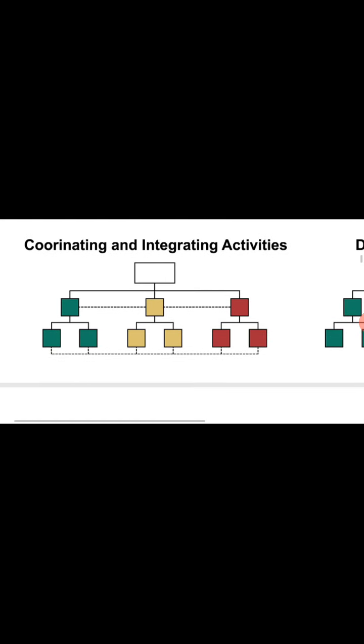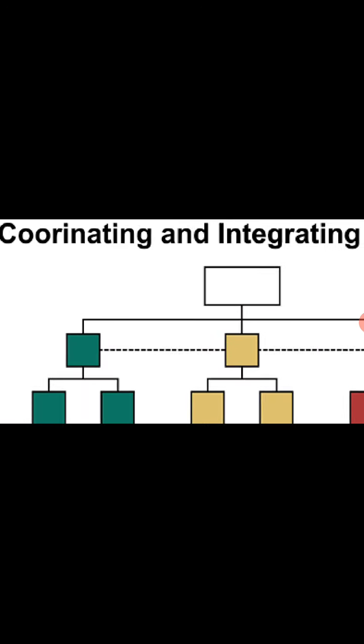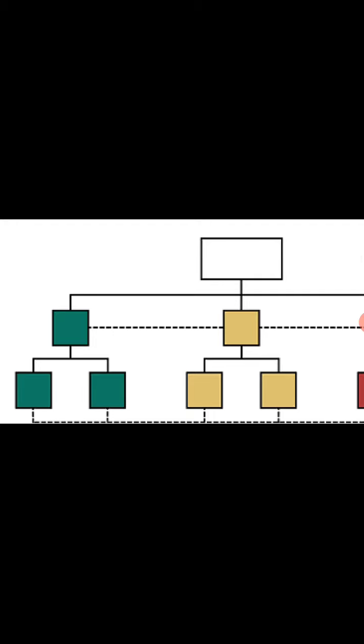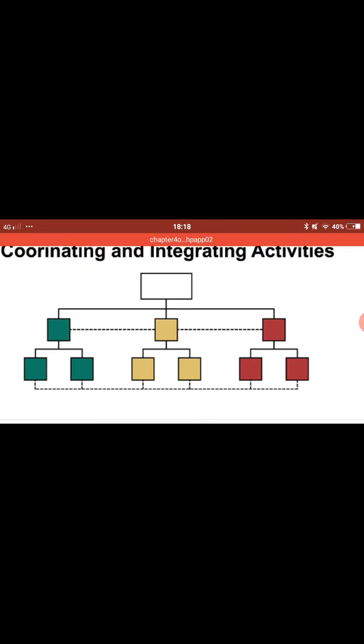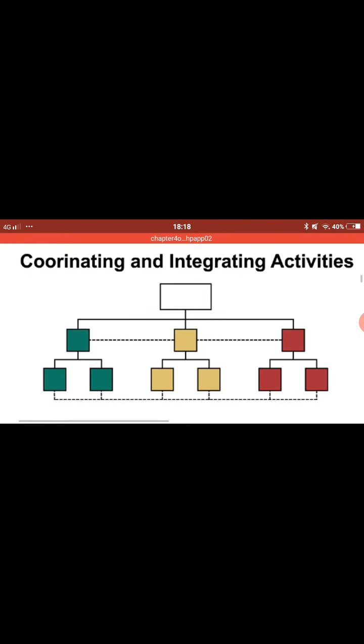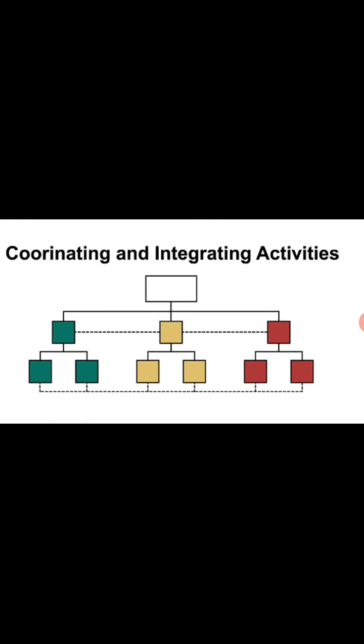Now next is coordinating and integrating activities. Here we can see that a line is drawn from green to yellow, then yellow to red. What does it show? It shows that they are working in a well coordinated manner, and they can talk to each other whenever there is a requirement.